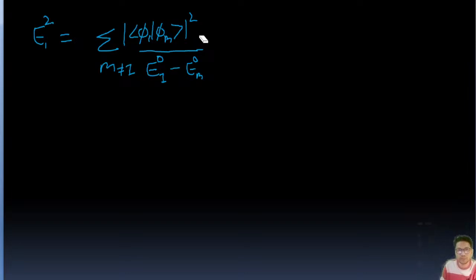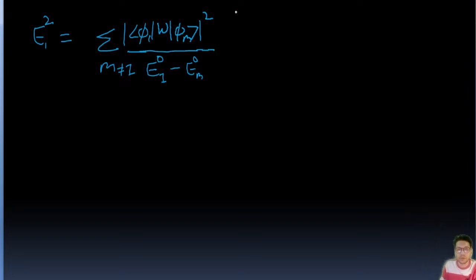Here this is W, the perturbation: sum over m of mod square of <phi 1|W|phi m>, upon E1 naught minus Em naught.